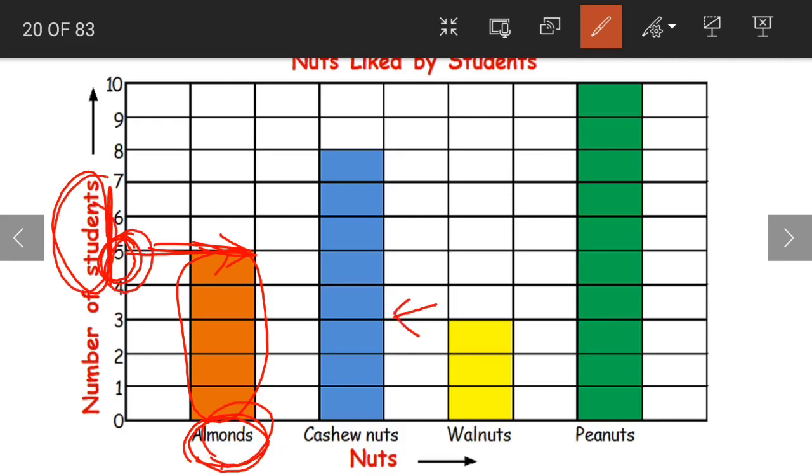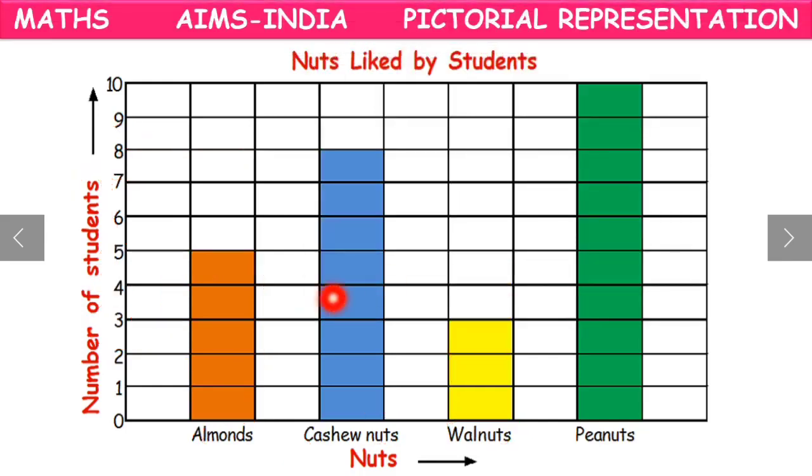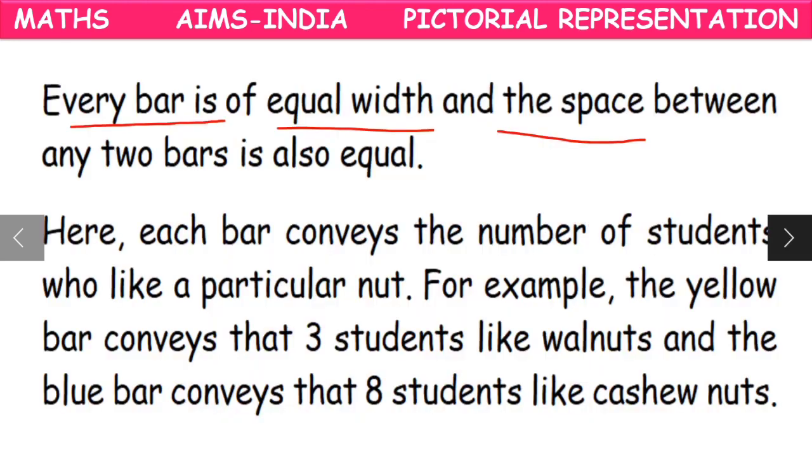Now what does the blue bar tell us? Here. So 8. 8 students like cashew nuts. What does the yellow bar tell us? Here. 3 students like walnuts. So like this, each colored bar or each bar gives us different pieces of information.